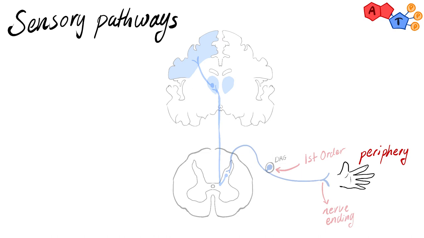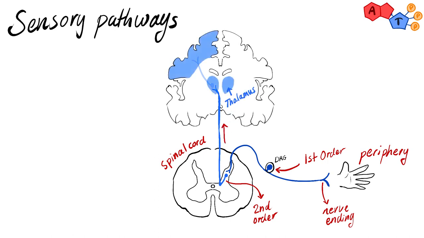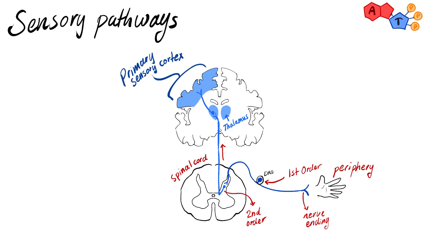If, let's say, somebody touches you, from a mechanical receptor present in your thumb, the chain will start from the first order neurons, which will then synapse with the second order neurons in the dorsal horn, which will carry the information then from the spinal cord to the thalamus, passing through brainstem until it reaches the primary sensory cortex. Some tracts will also depend on the third order neurons to carry the information from the thalamus to even higher centers in the brain, which is the case in the example that we just provided.